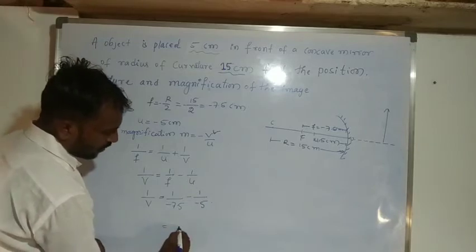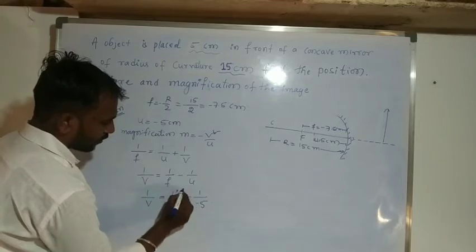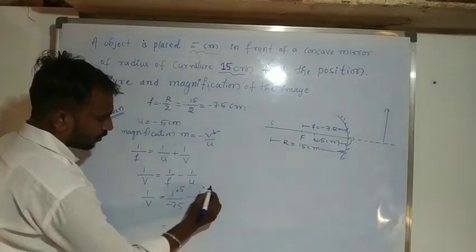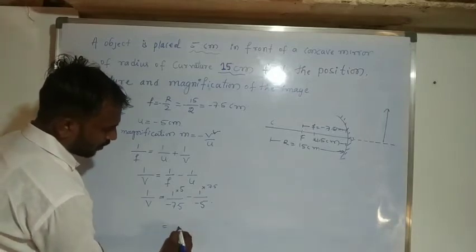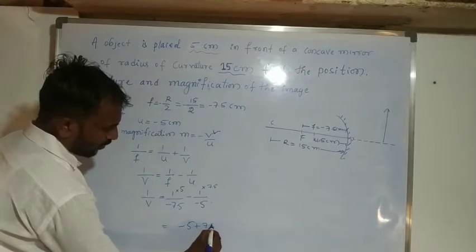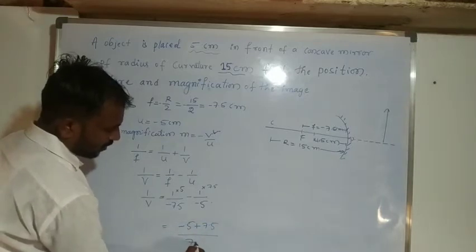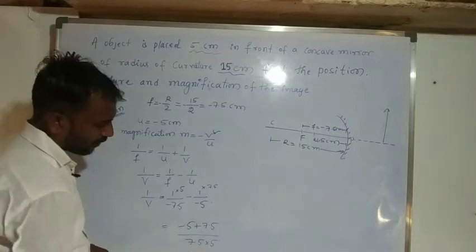So minus 5 plus 7.5 divided by 7.5 into 5.